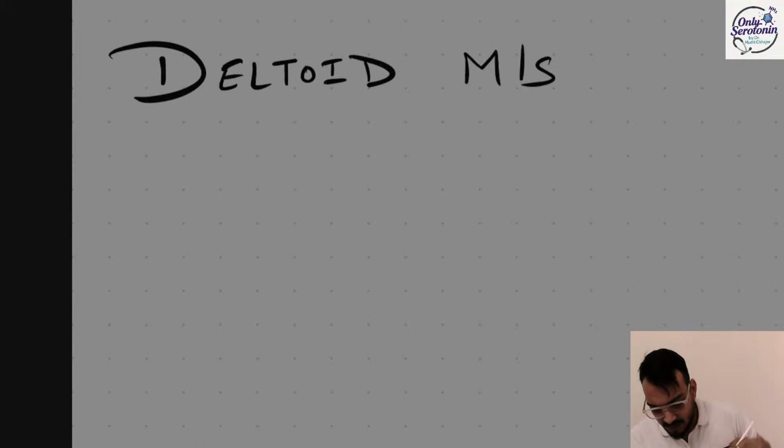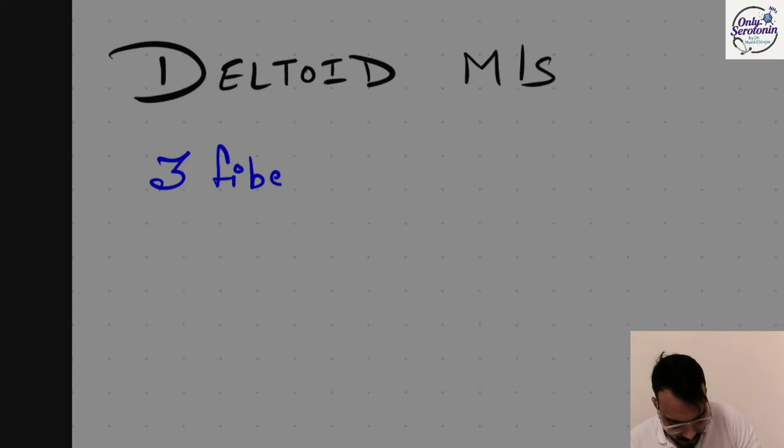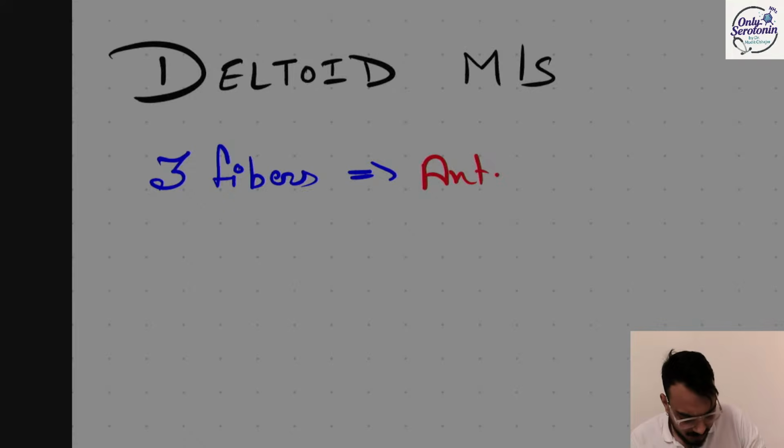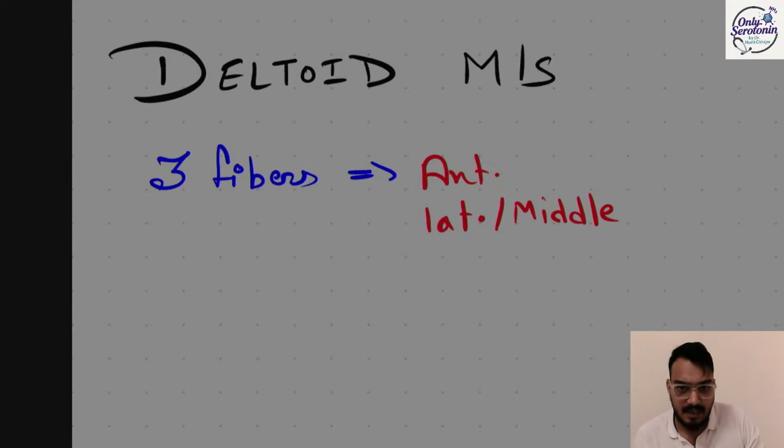The deltoid muscle is going to have three fibers. What are these three fibers? Anterior fibers, lateral fibers, also known as middle fibers. It is MIDDLE, not MEDIAL. And on the back we have posterior fibers. So total three fibers are there.